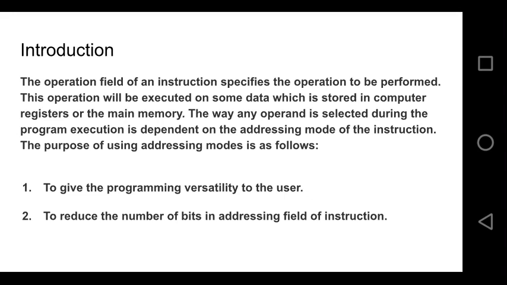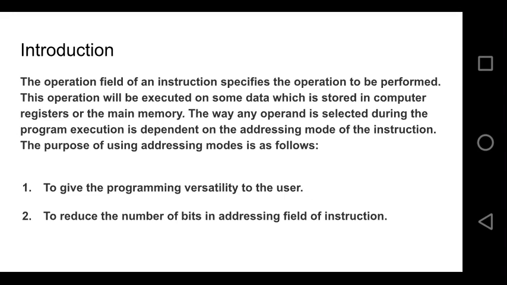When the instruction is fetched from memory, it is stored in the IR, the instruction register. The control unit fetches the opcode part of the instruction, decodes it, understands that it is required to perform an addition operation, and sends a signal to the ALU.